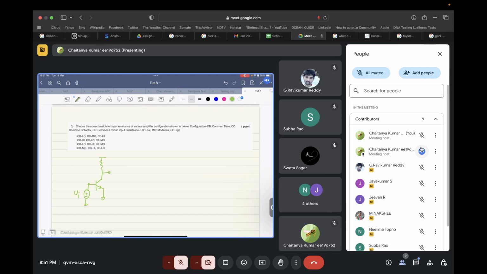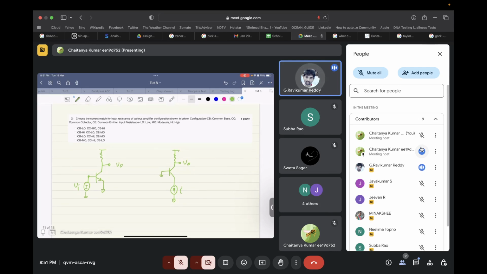So here is one circuit. Here is another circuit. For CC it is high, for CE it is moderate, and CB is low. Okay.